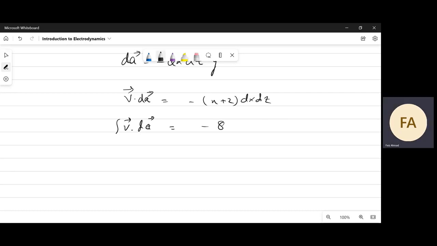So the last one, this is face 5, and we have z equal to 2, and the integration will be 0 less than x less than 2, 0 less than y less than 2, and then dA will become the positive z side, so it will be dx dy.